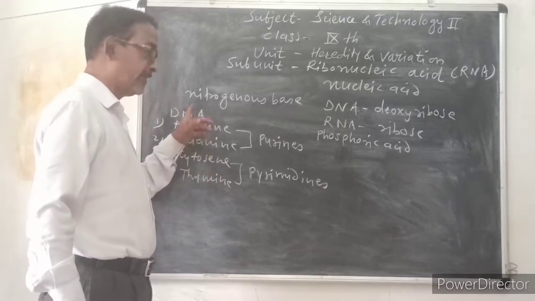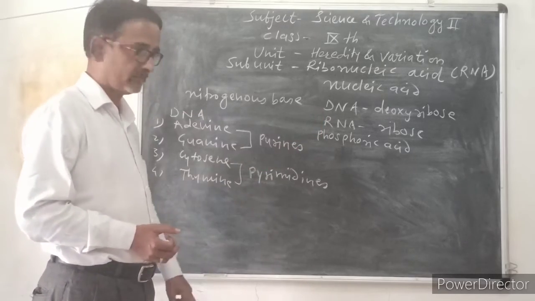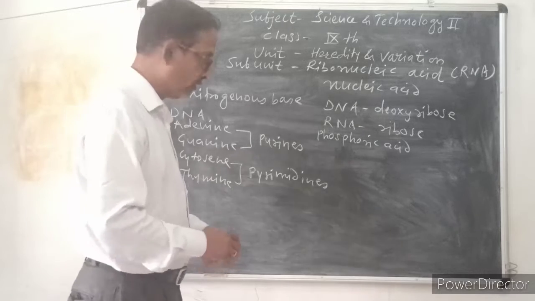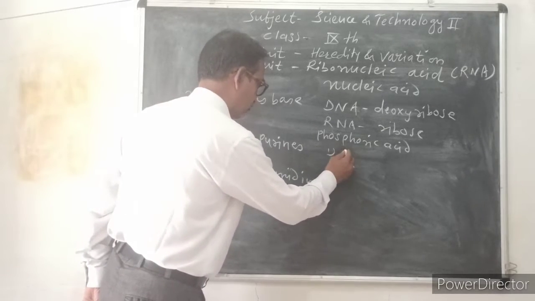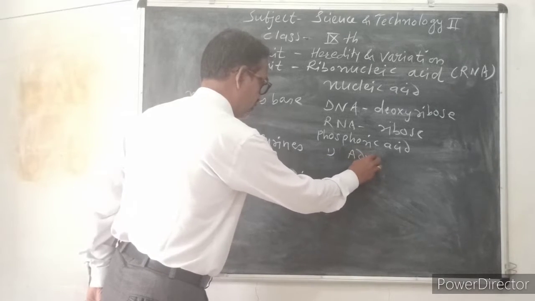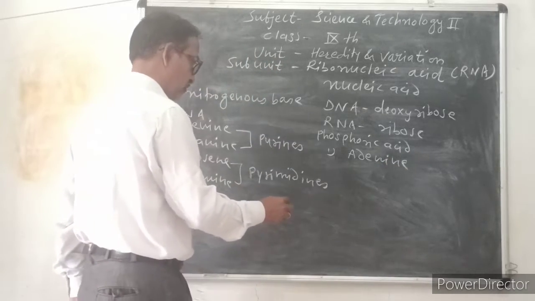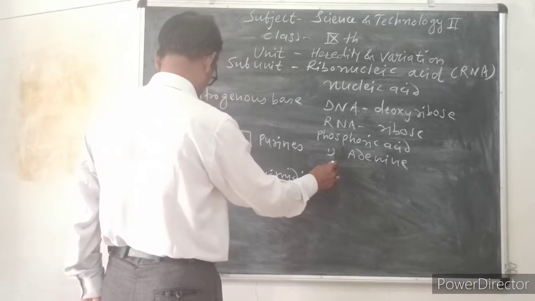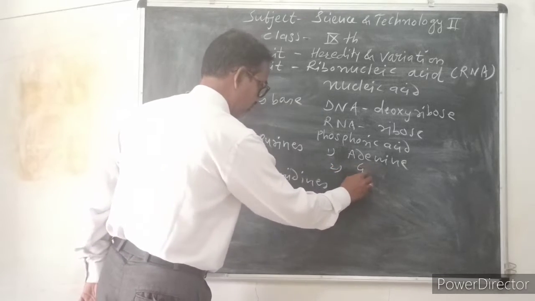So these are present in DNA. Which are the nitrogenous bases present in RNA? So we shall see one by one. The first is adenine. Then second is guanine.